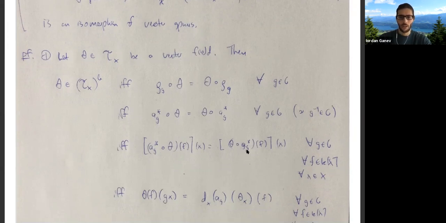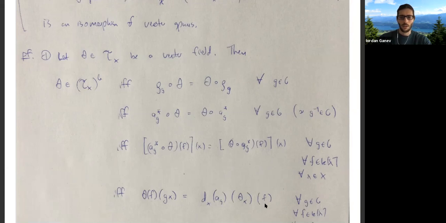What about over here? Here we're doing precomposition with A_G star. So what that means is we're taking the differential at x, where x is the final input, the point where we're working. We're taking dA_G at x, and that's a linear map from the tangent space at x to the tangent space at Gx. And we're feeding into that linear map the value theta_x, which is a tangent vector at x.